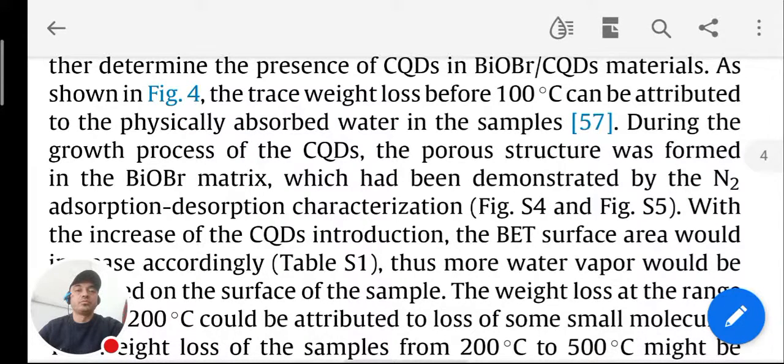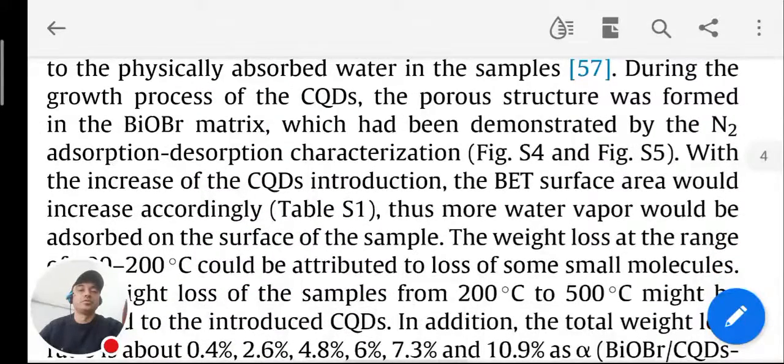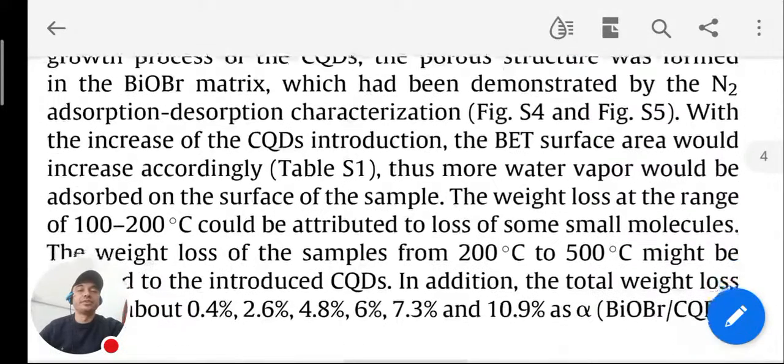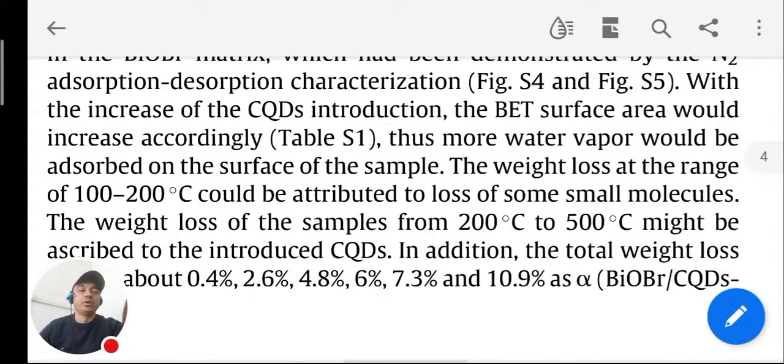During the growth process of carbon quantum dots, a porous structure was formed in the BiOBr matrix, which has been demonstrated by N2 desorption-adsorption characterization. With the increased carbon quantum dots introduction, the BET surface area would increase accordingly, as we will see later in table 1. Thus, more water vapor would be adsorbed on the surface of the sample.